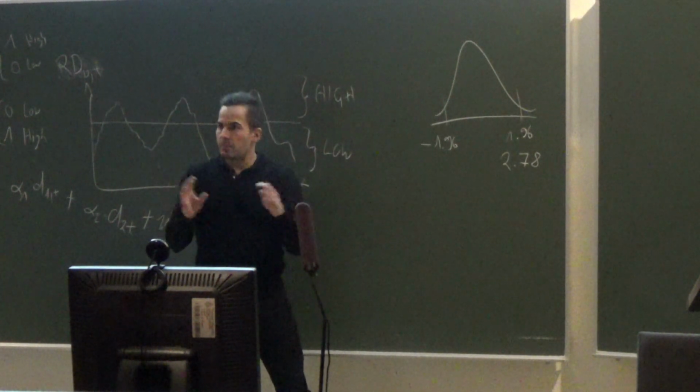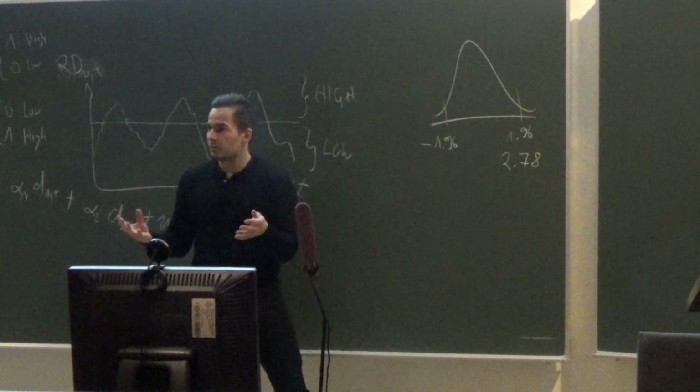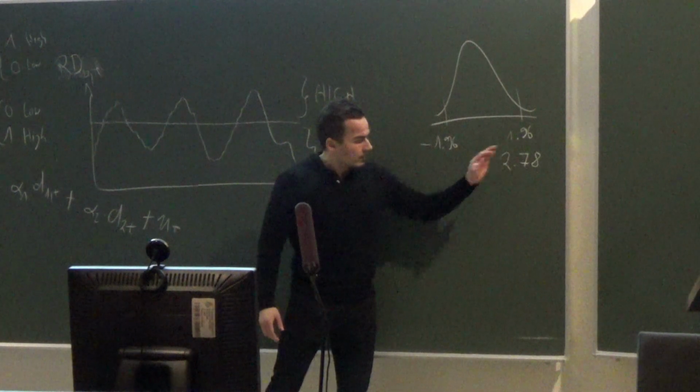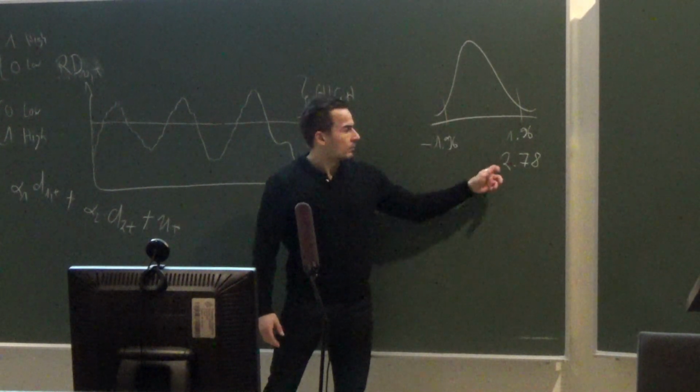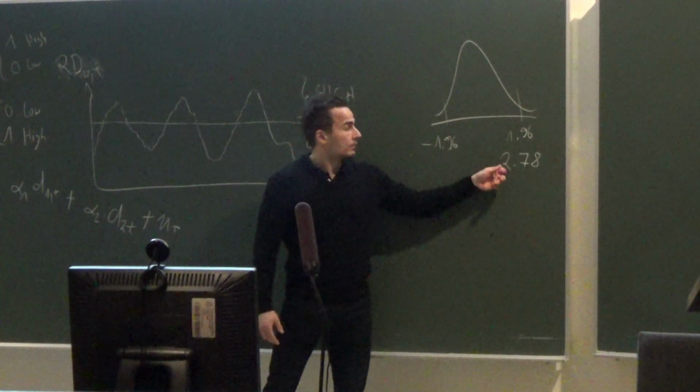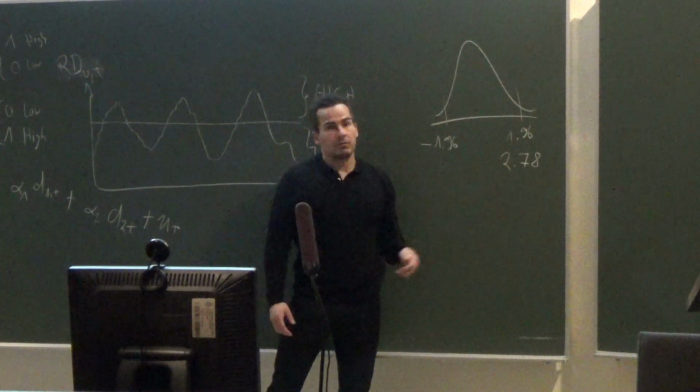Because of this problem, we should actually have higher t-statistics, not 1.96, but in this first paper that we discussed in this course, they were telling us we should compare the t-statistic with the critical value of 2.78 instead.